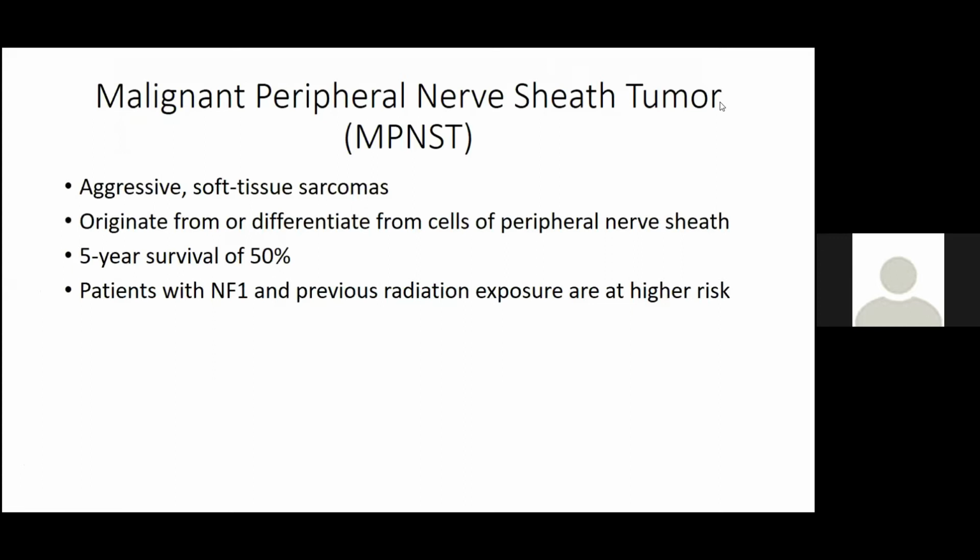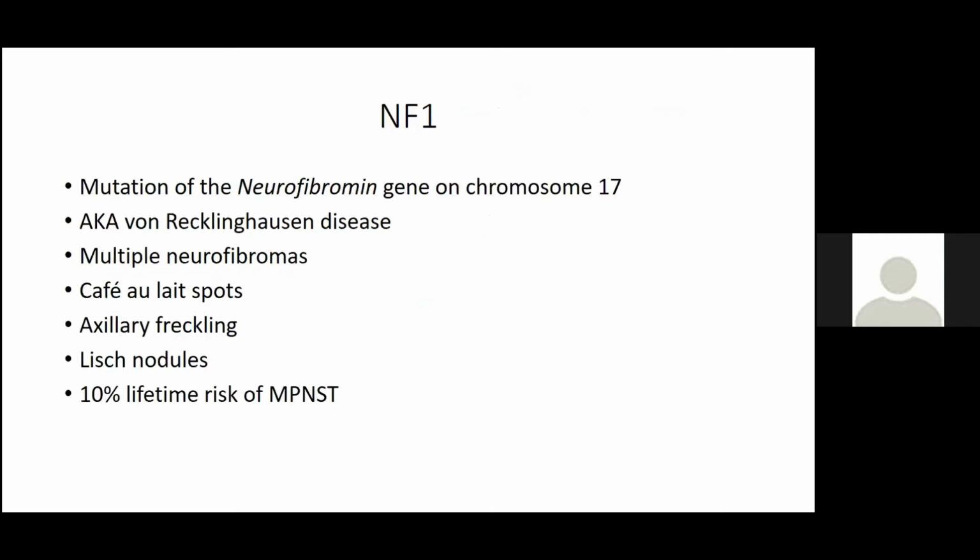They originate from, or differentiate from, the cells of the peripheral nerve sheath. Very poor 5-year survival of 50%. And the two risk groups are patients with neurofibromatosis type 1 as well as previous radiation exposure. Actually, NF1 patients have a 10% lifetime risk of developing an MPNST.